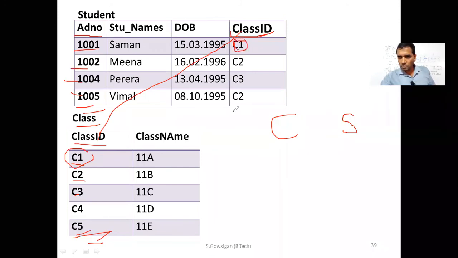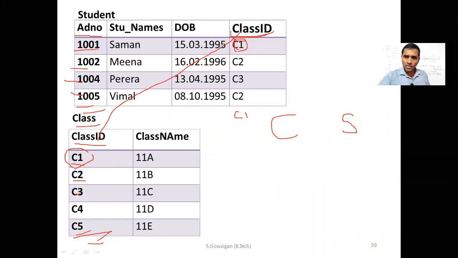Will C1 be repeated again? Answer my question. Can I have C1 again for another record? Yes, because C1 is a class, right? In 11A, Saman is there.